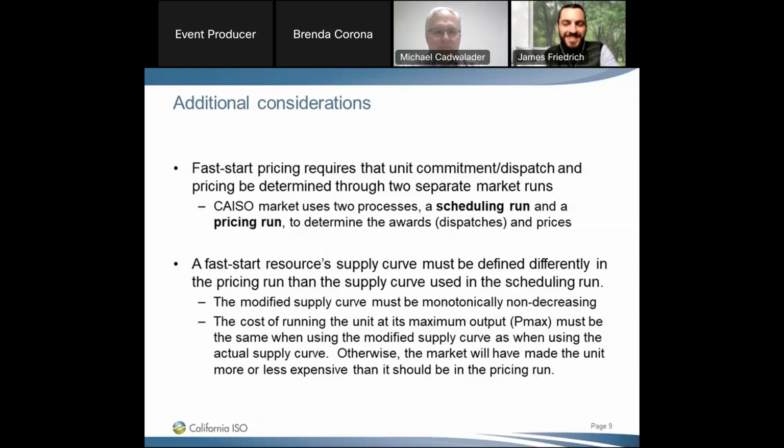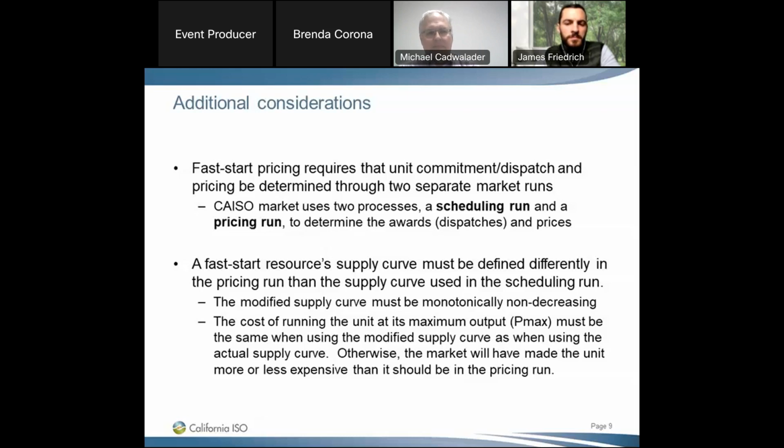I am just thinking, in the additional consideration sense, when we're working on some of these proposals, about trying to tie it back to the grid that we expect to exist when they would be in place, and thinking about where these resources sit, both in the EIM, EDAM context and on the CAISO system. I'm curious if, while we're thinking about fast start pricing, shortage pricing, and some of the other things, we also need to be cognizant of any limitations of the current market power mitigation framework, as well as the commitment cost bidding framework and reference level updates, which are very impactful to these specific resources.